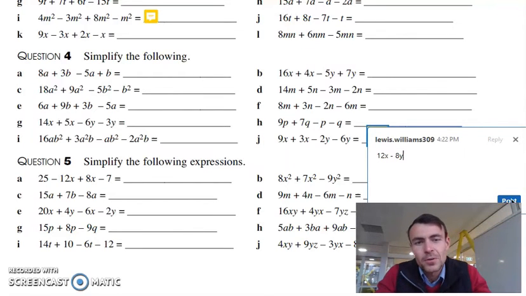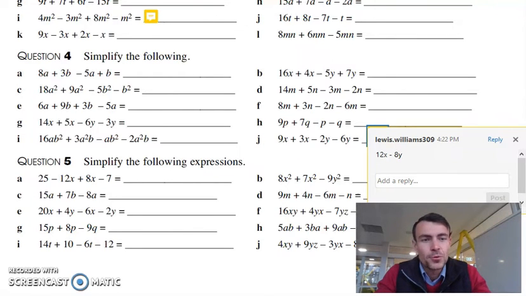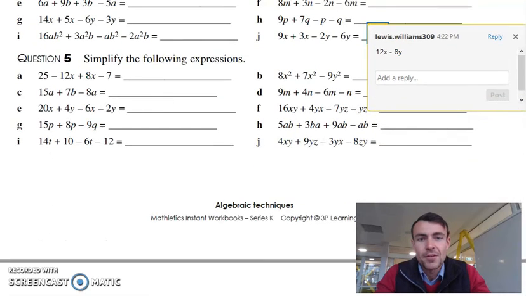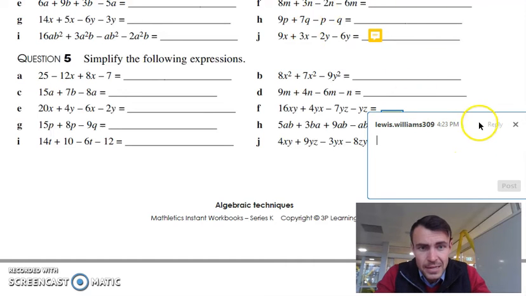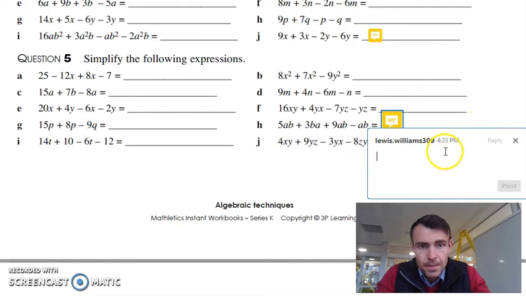Let's do one more hard one together before you try and practice the rest of them. This one looks tricky. I like the look of this one. Well, let's have a go. I've got my 5AB, and I've got 3 BAs, 9 ABs, and minus AB.